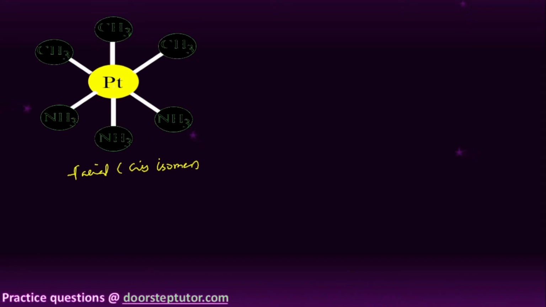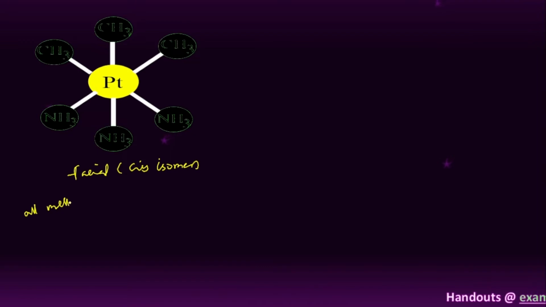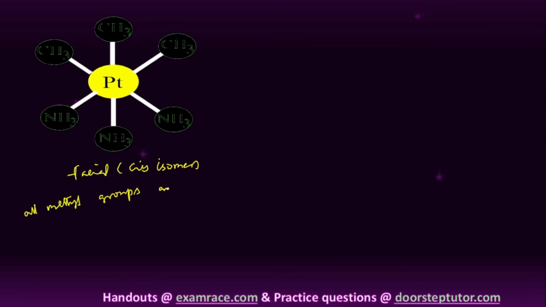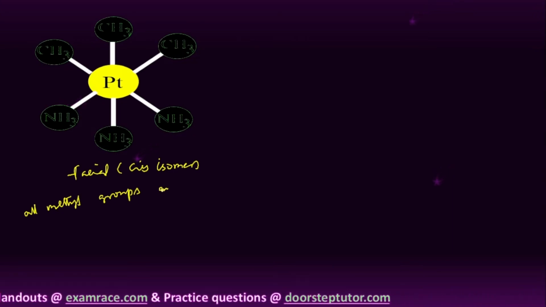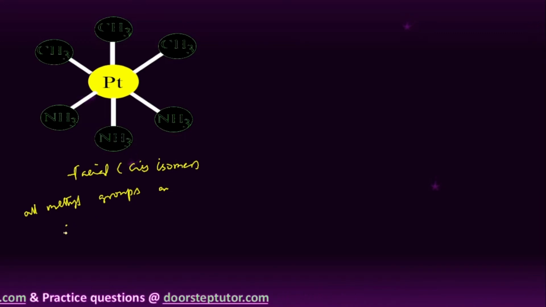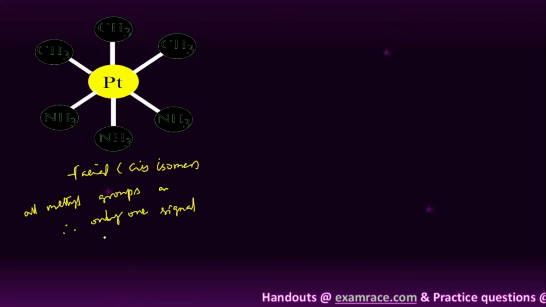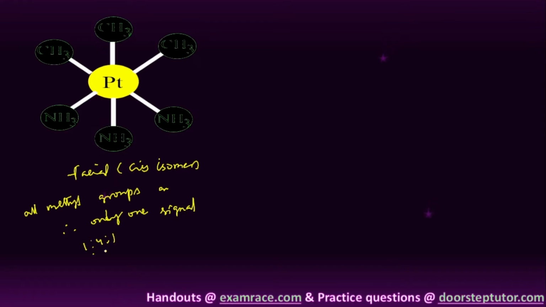All the methyl groups are chemically equivalent, so it gives only one signal in the NMR spectrum, but it splits into 1:4:1.